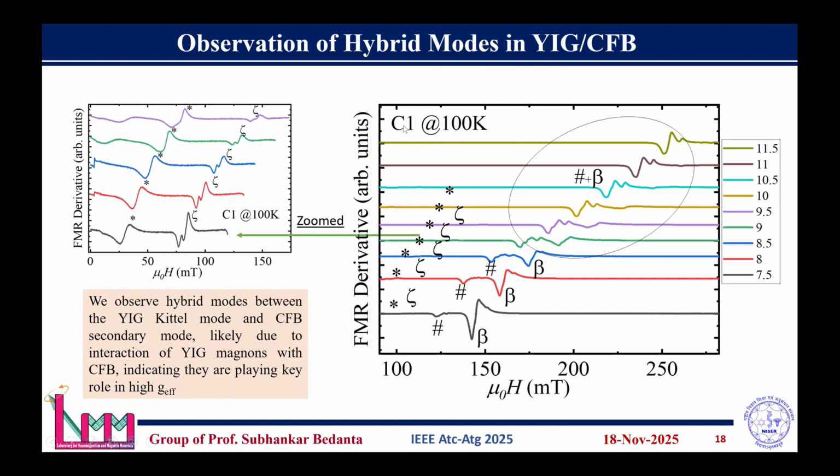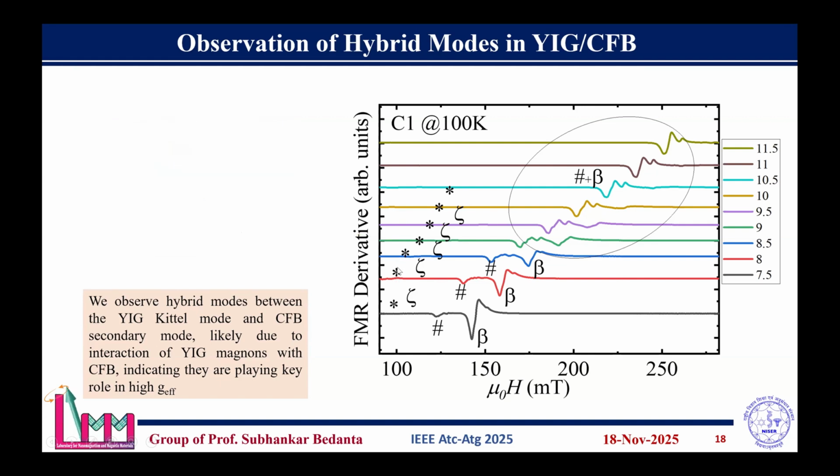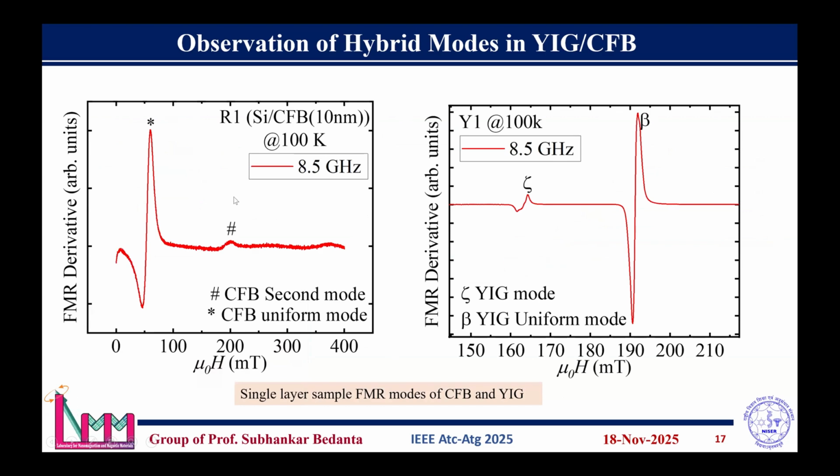In this C1 sample, if you see over here, we have this structure for 100 Kelvin. There is a frequency range of from 7.5 to 11.5, where we have measured this frequency data, and in the field of 100 to 50 millitesla. So here in the starting region, you might be seeing the same mode as the star and the zeta mode, which were there in the single layer reference sample also.